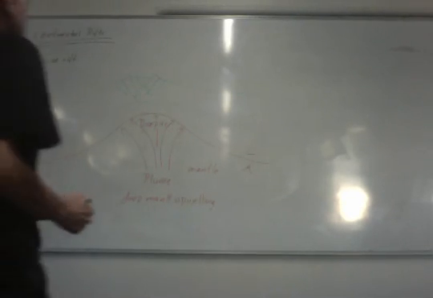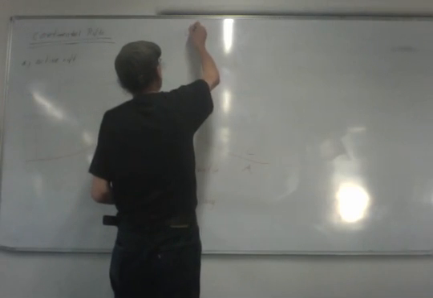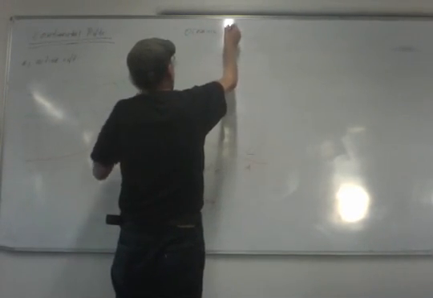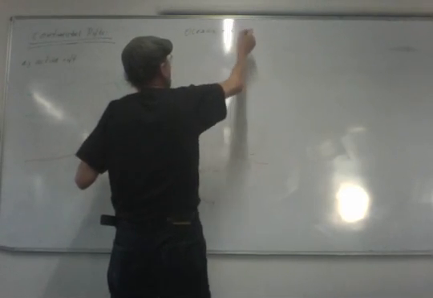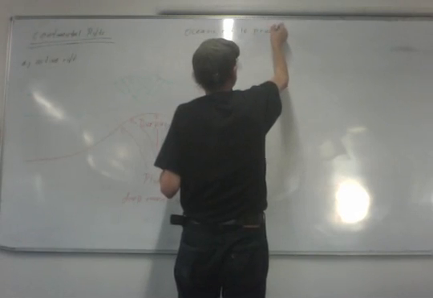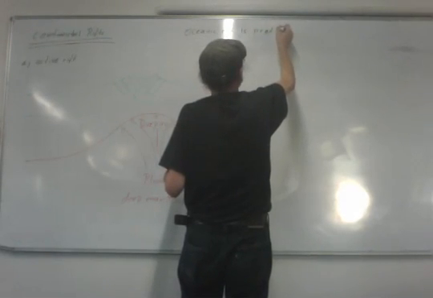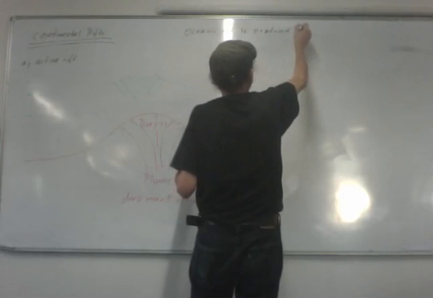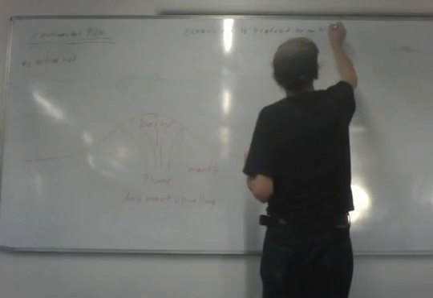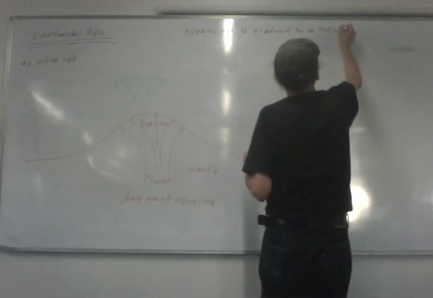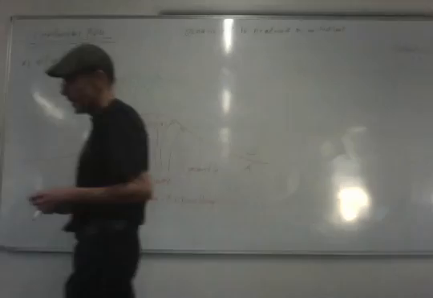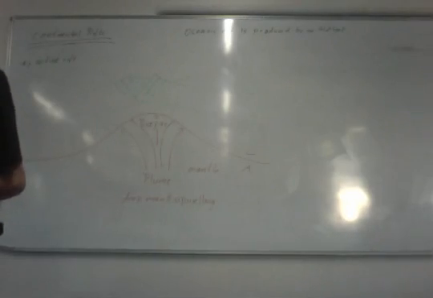And if we have here an oceanic rift, it is produced by a hotspot. As when we have a continental rift, then we have a diapir.